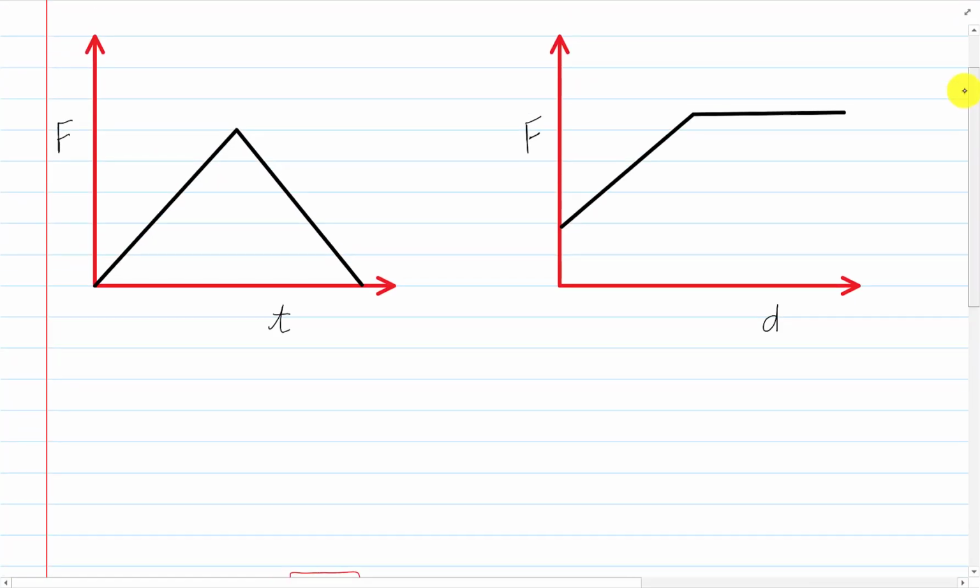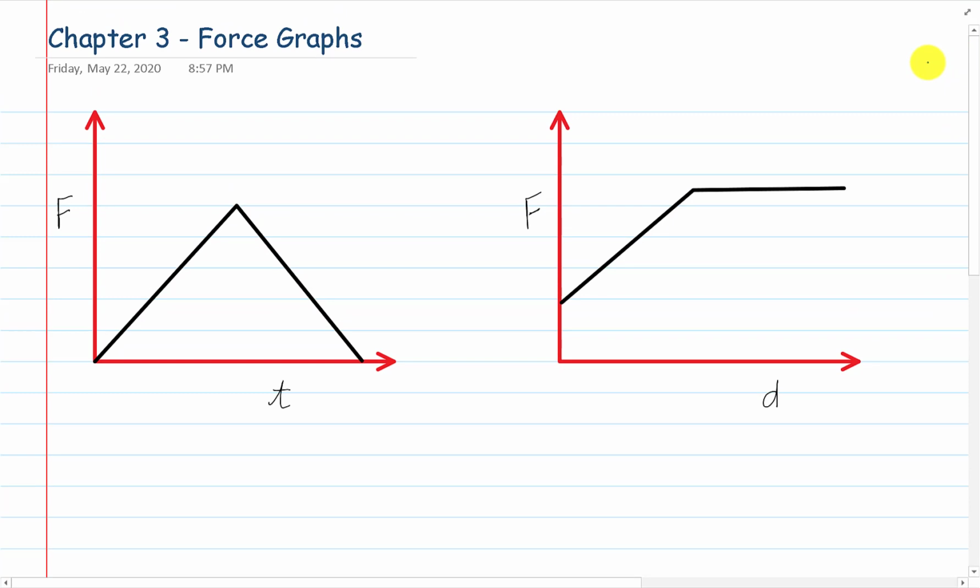Okay, so where does that leave us now? Well, if we have a force time graph and we calculate the area underneath it, what would that give us? Well, that would give us the area. What's force times time?